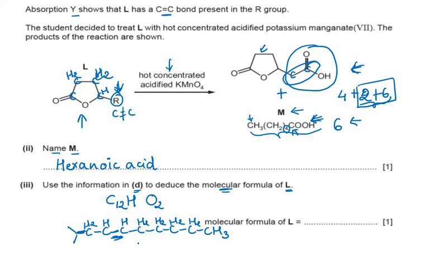So the hydrogen atoms here total 15, and we have already counted 5 hydrogen atoms, so the total should be 20 hydrogen atoms in compound L. To find the answers to such a question, you need to work out the structure. Without working out the structure, you won't be able to find the answer.